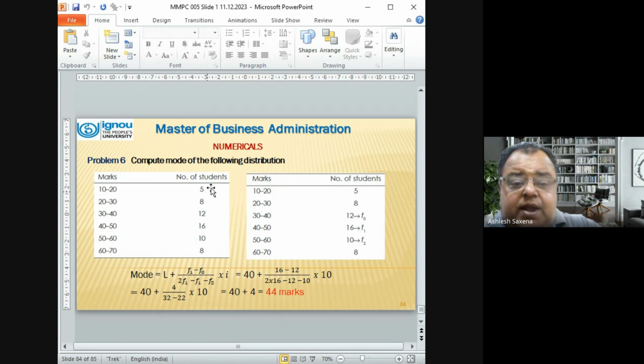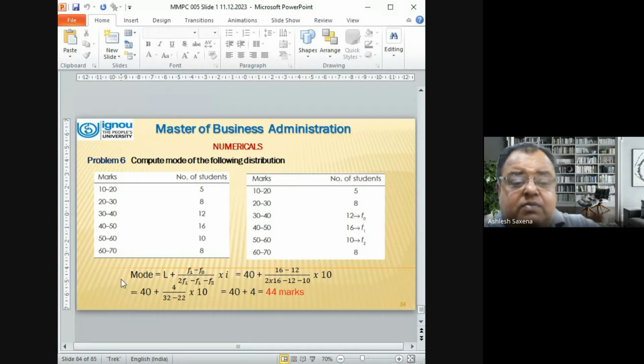We have to find the maximum frequency in this column. This is 16. So we will write f1 in front of it, f0 over it, and f2 below it. That means you have the values of f0, f1, f2. I'm repeating, the maximum frequency will be marked as f1, over it f0, and below it f2.